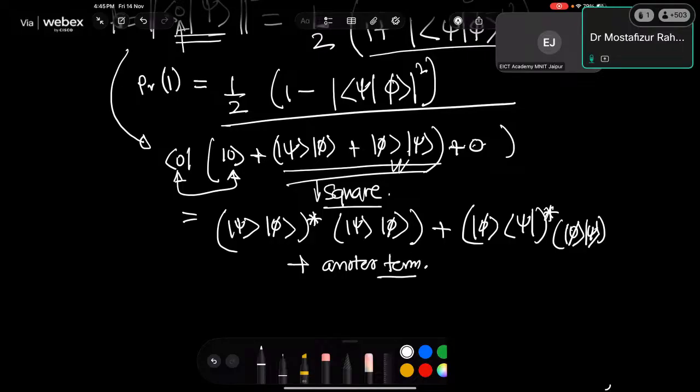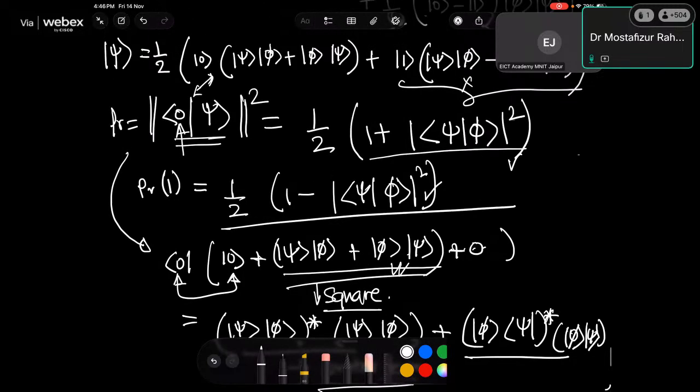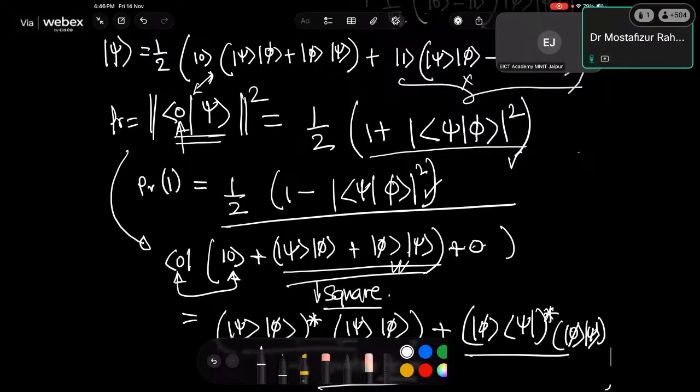You will see that these together come here. One term becomes one, and the two terms together become this one square term. Just break the two parts, and outside there is one half.